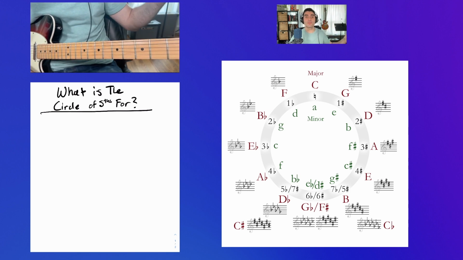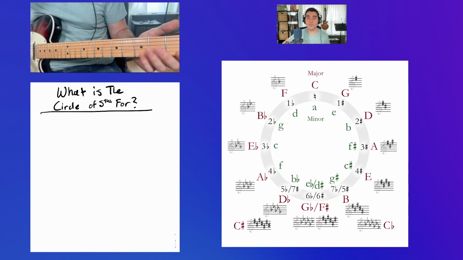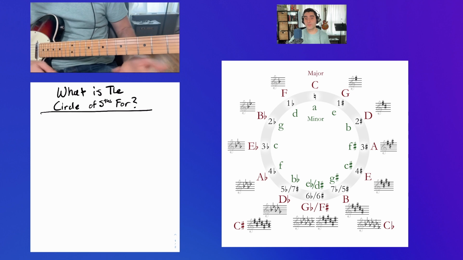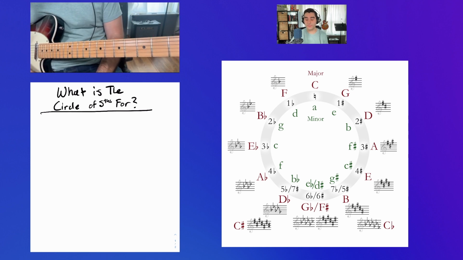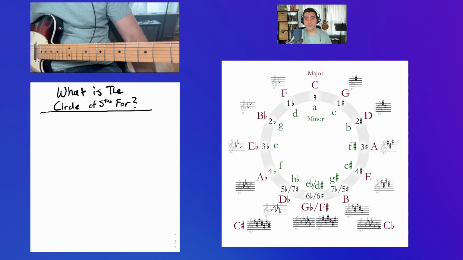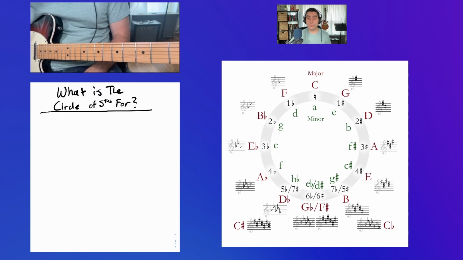Whoever made those, maybe they know something I don't, some amazing way of looking at the circle of fifths that genuinely helps. But this version is a lot simpler, believe it or not, and a lot more useful.